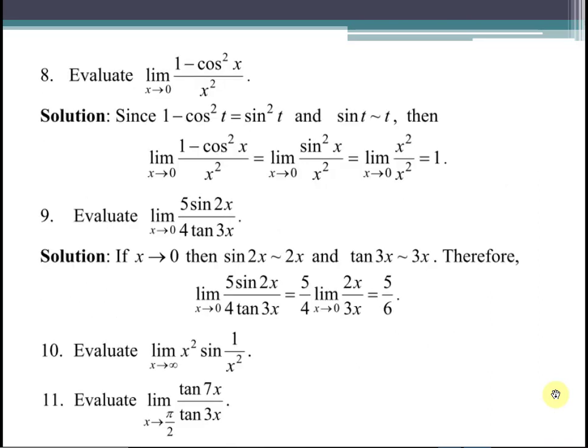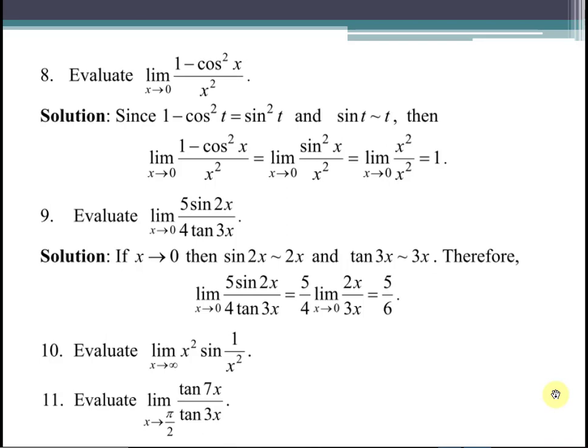Number 8. Evaluate the following limit. So, we have the main trigonometric identity: sine squared x plus cosine squared x is 1. Now, we will use this identity.